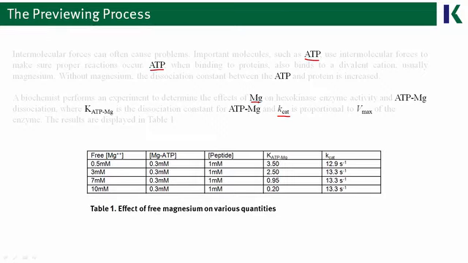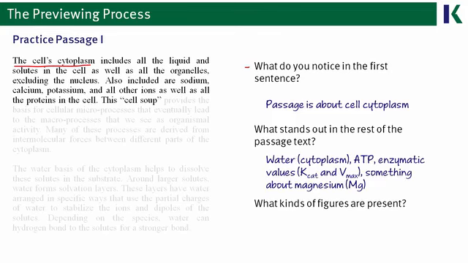And these words naturally should stand out to you structurally in the passage. You should use that to your advantage because these are not just any words. These are words like ATP, KCAT, Vmax, Mg, magnesium. And that also tells you more about what the passage is about. Again, this can happen in just seconds if you are up to look for it.